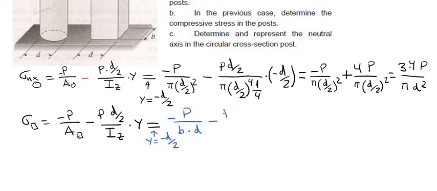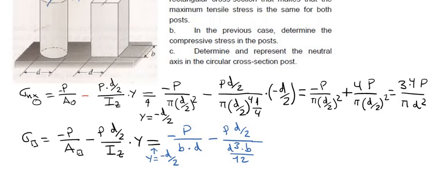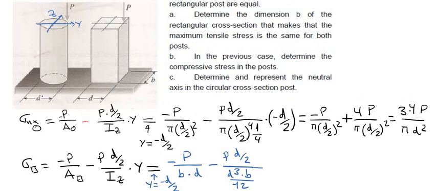minus P D divided by 2 divided by D cubed multiplied by b divided by 12, which is the moment of inertia of the rectangular cross section with respect to the z-axis. This is again our z-axis, and this is the y-axis.